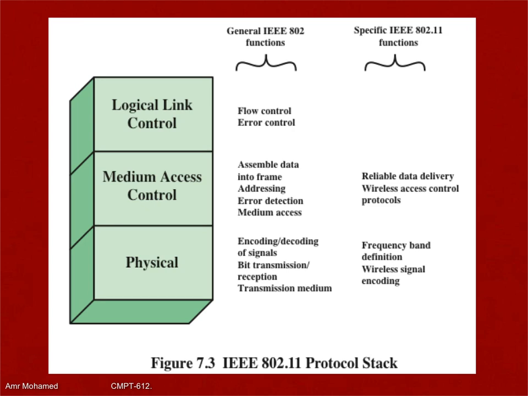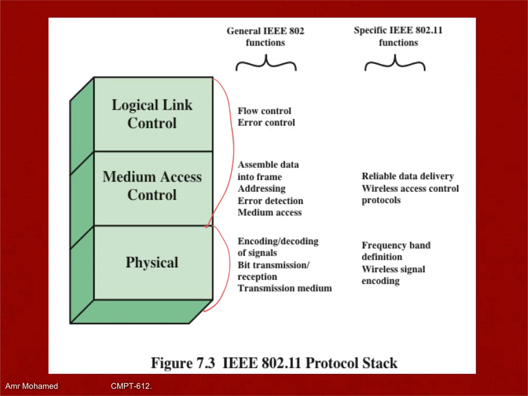So, of course, we said network access control is composed of the data link layer and the physical layer. And the data link layer, again, you need to refresh your mind with network one. The data link layer is composed of two sub-layers, which are logical link control and the MAC layer.